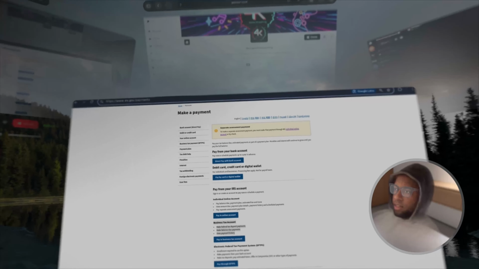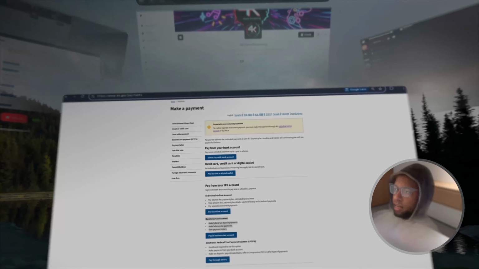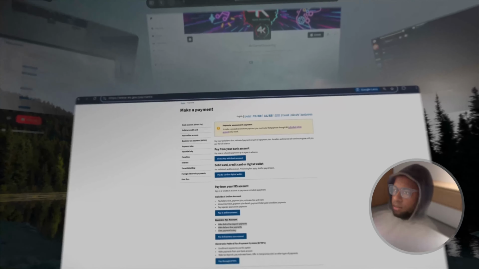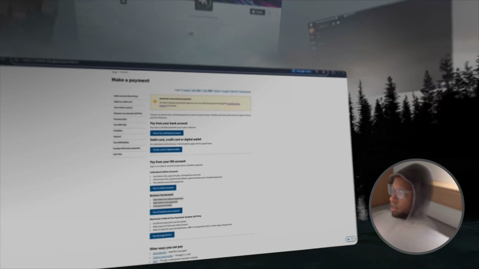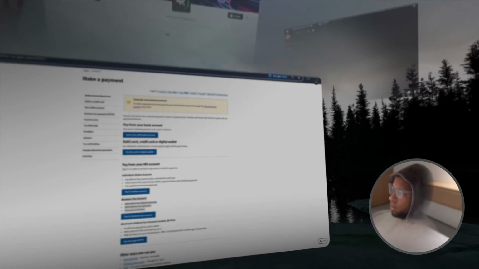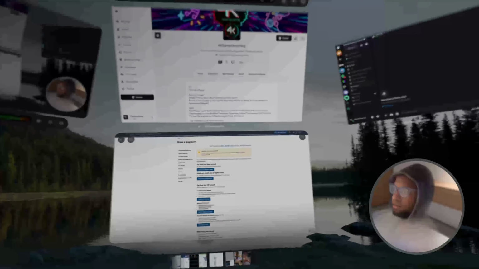The first payment option says direct pay with bank account. The good part about this is that the tax form itself will disclose how much money you are obligated to pay.